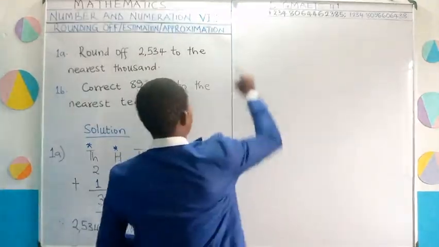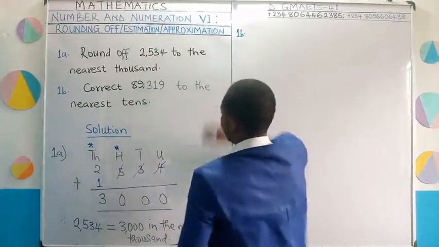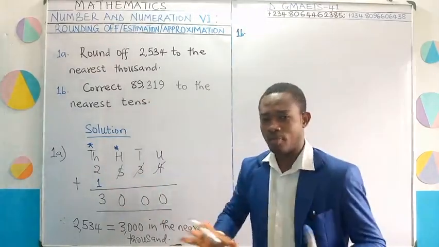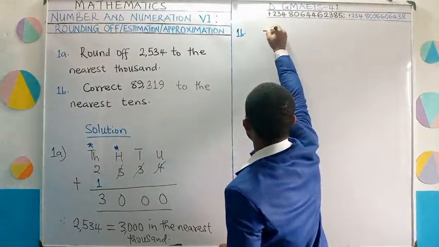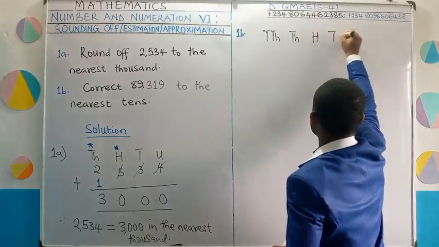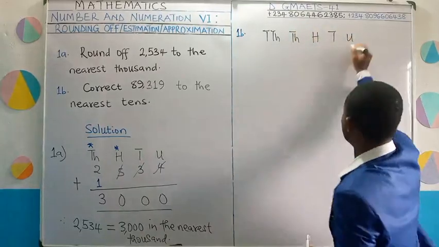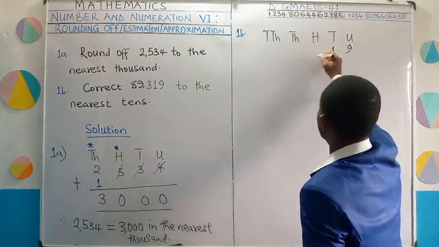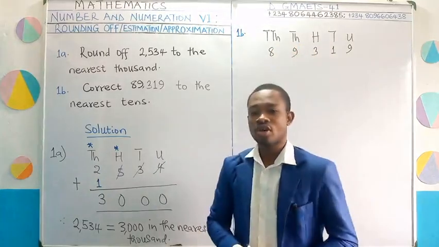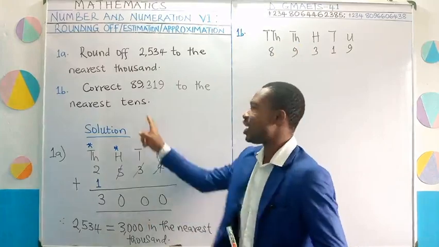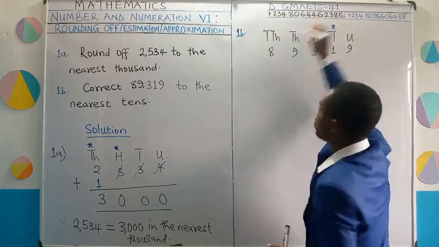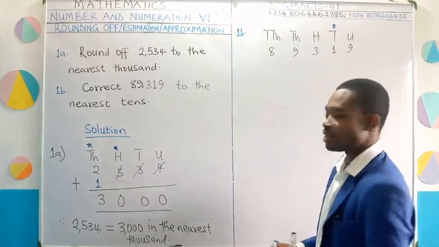Question number 1b. The solution, we are to correct 89,319. The place values you have there begins with tens of thousand. Then we have thousand, hundred, tens, and units. Once again, this is going to give us 8, 9, and then 3, 1, and 9. Let's look at the question. Correct to the nearest what? Tens. And so our interest would be identifying the place value we are rounding off into, which is tens.